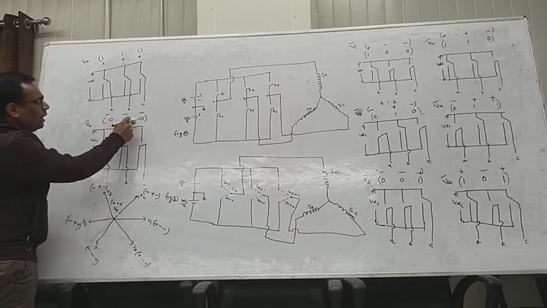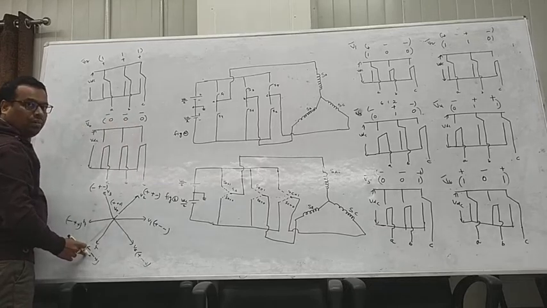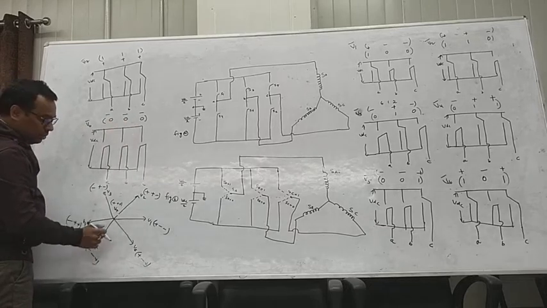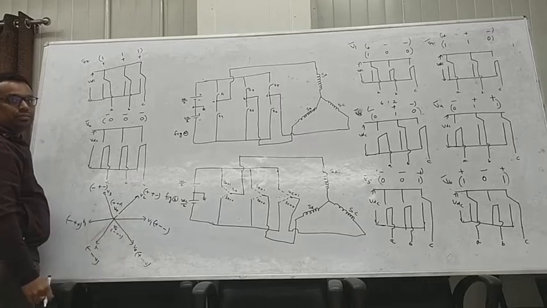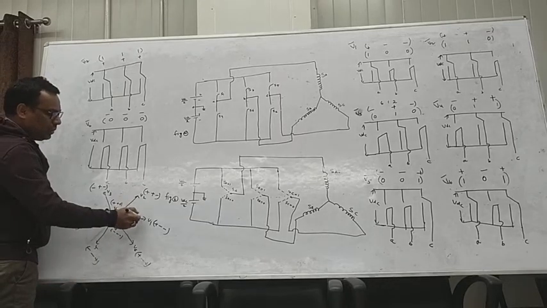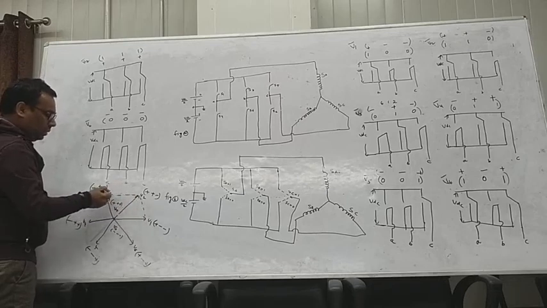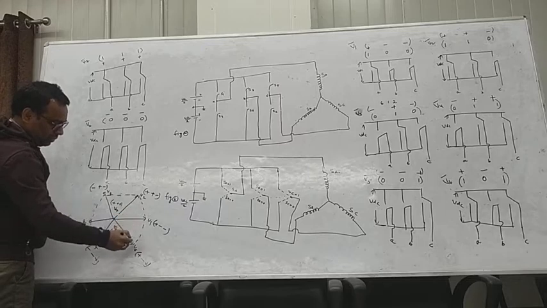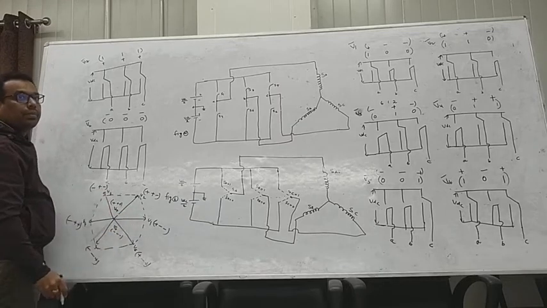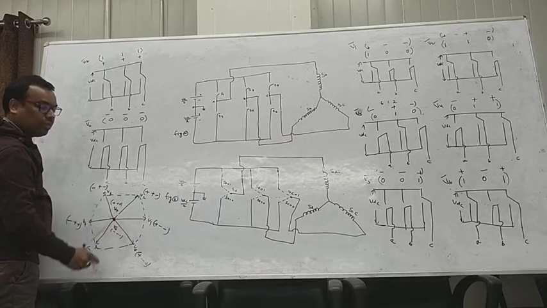So this is minus, minus, minus. You see here V5 is minus, minus, plus. So that's why I am considering this V0 here, minus, minus, minus, in the bottom near V5. If you join the tips of these voltage vectors, you will get a regular hexagon shape, and this is the center point.